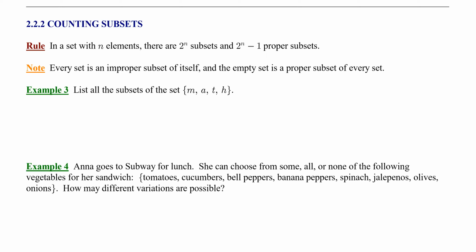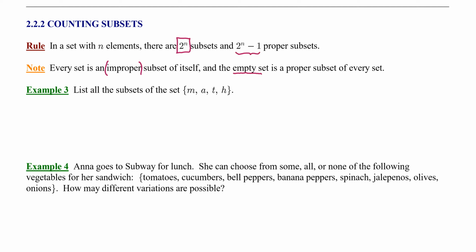Look at the note. It says every set is an improper subset of itself because every set is equal to itself. So when we calculate 2 to the nth power, it is also counting the set itself as one of the subsets. And the empty set is a proper subset of every set.